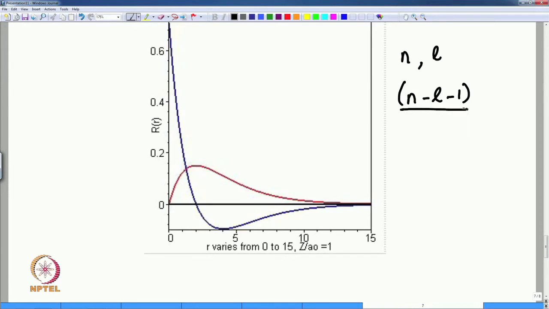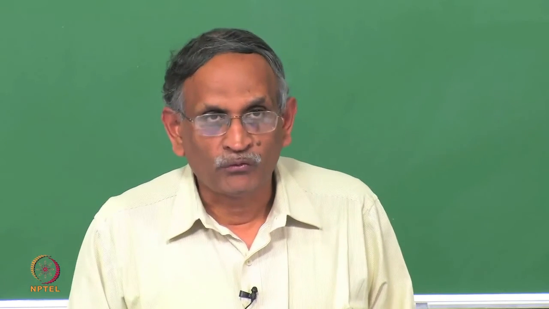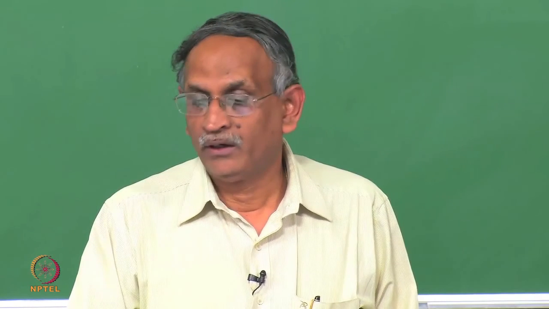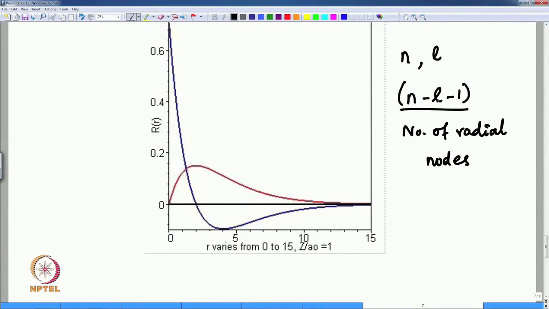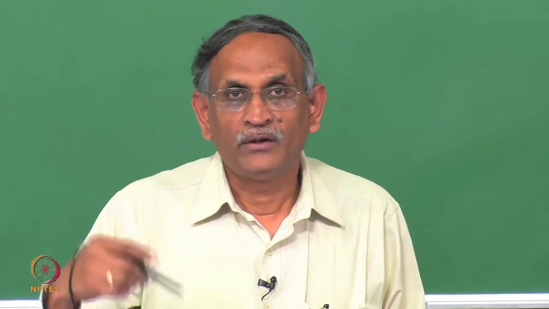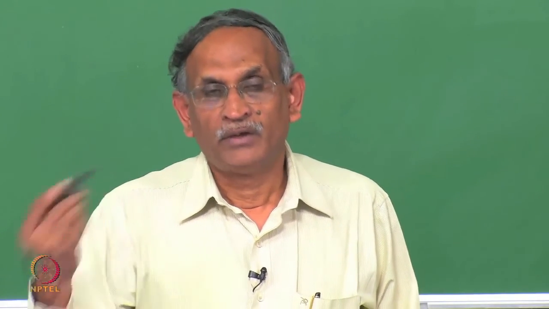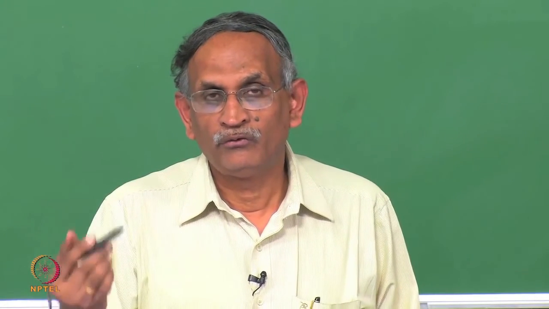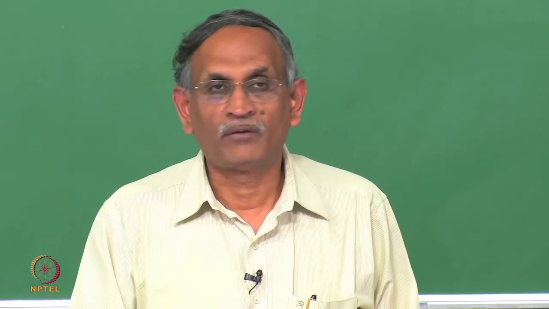That is the number of radial nodes, because if the polynomial is of this degree, it has that many roots. So you see that when n is 1, L is 0, there are no roots, no nodes. When n is 2, L is 0, that is one node, then 2, 1, no node. When n is 4, you have 3, 2, 0, 1, 0. So the number of nodes are like this.